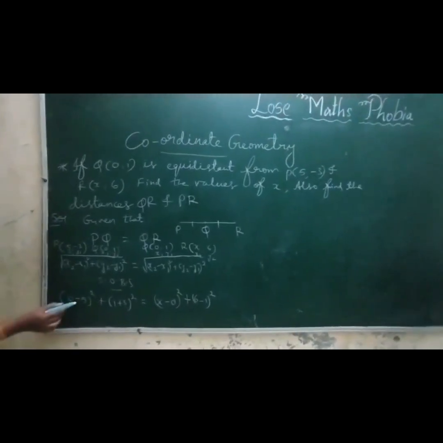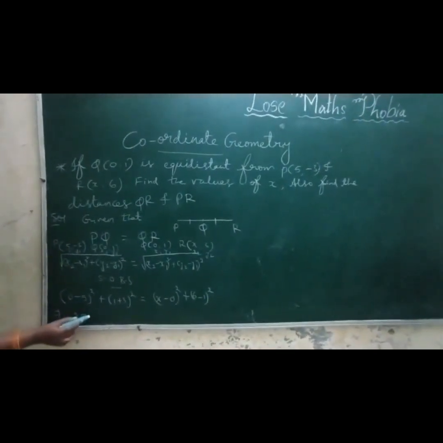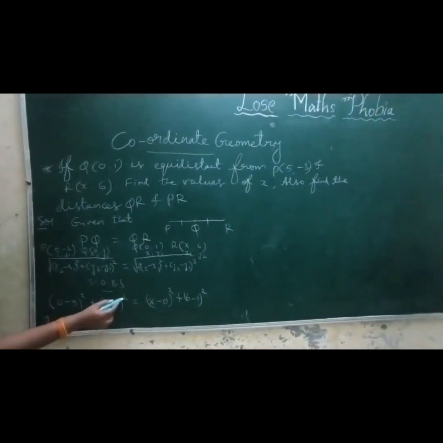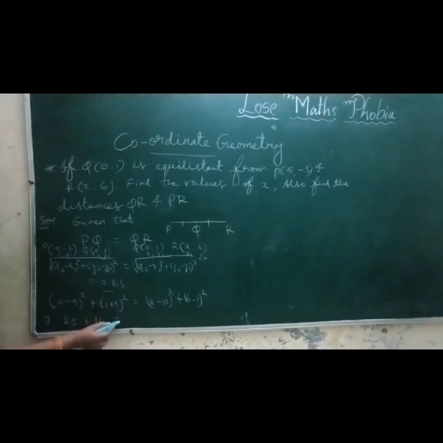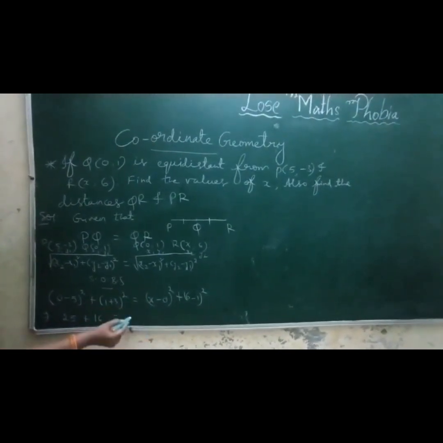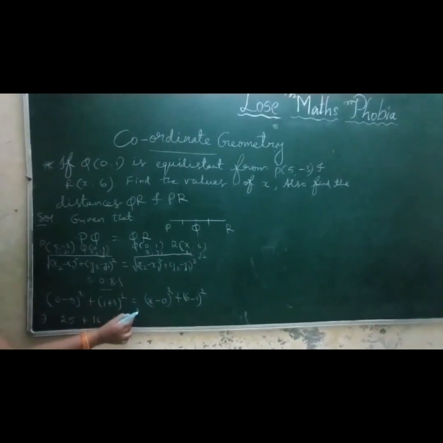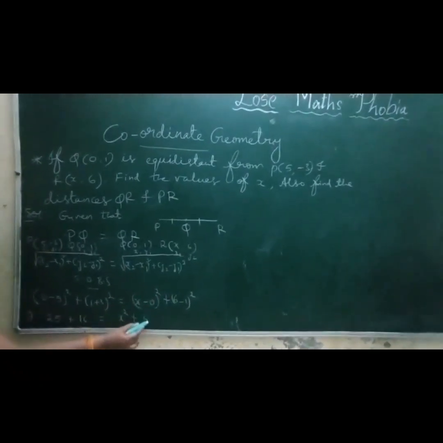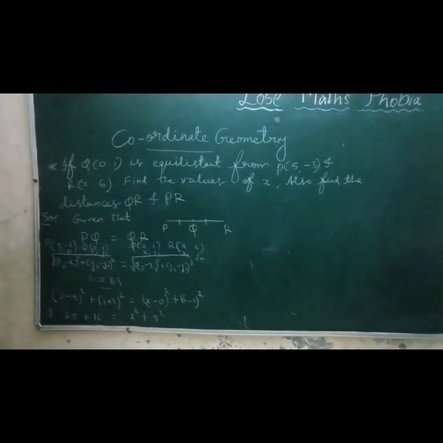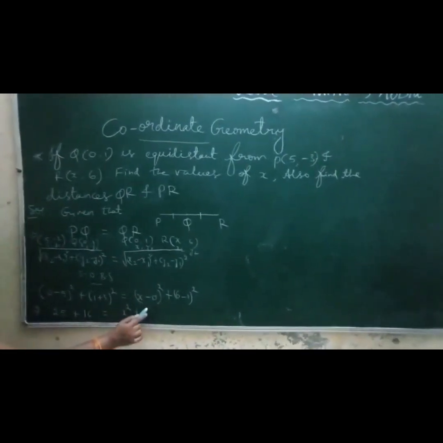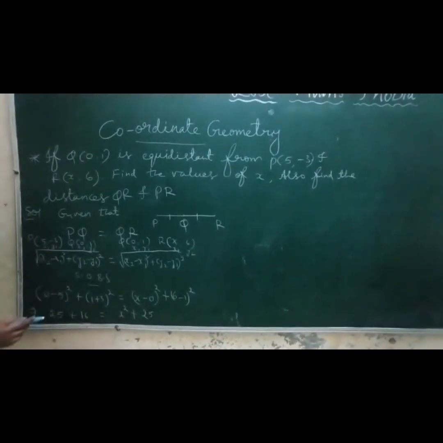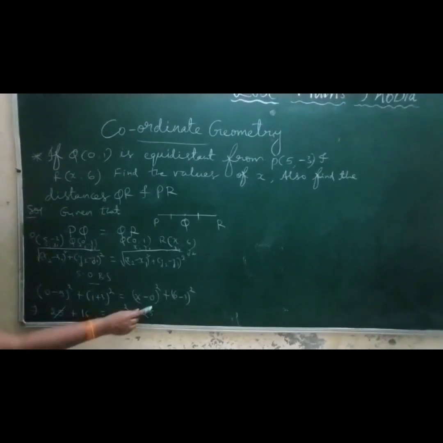Now what happens? Minus 5 whole square is nothing but 25. 1 plus 3 is 4, and 4 square is 16. x minus 0 is x anyhow, so x square. 6 minus 1 is 5, square is 25. So on both sides we have 25, we can cancel.